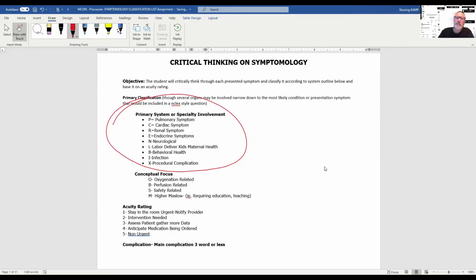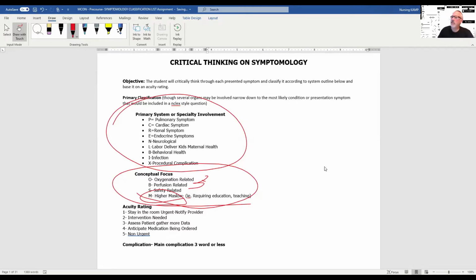The next thing is to look at the conceptual focus. If you're looking at something like substernal chest pain, which is an MI, myocardial infarction, is that oxygen related? Is it perfusion related? Is it a safety related problem or a higher Maslow problem? Higher Maslow is pretty simple because it generally means teaching.